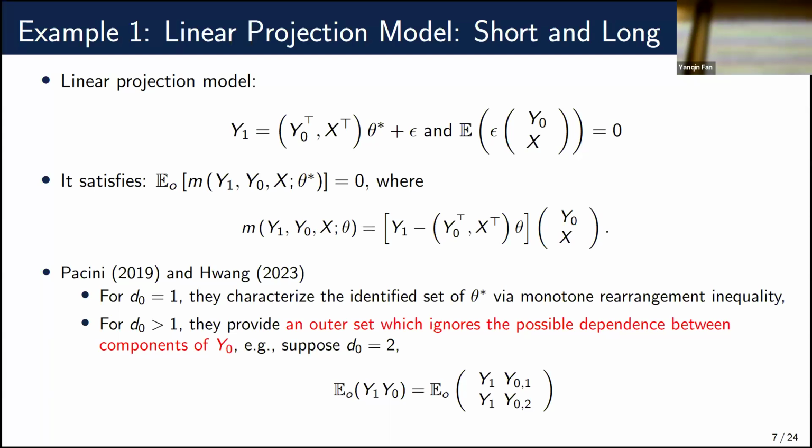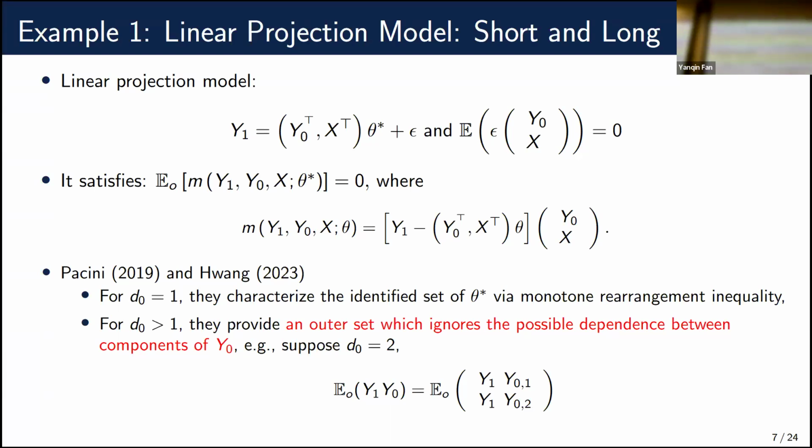Now this model, in fact, has been studied in these two papers, but they only provide the identified set of theta star when d0 equals 1, and that's when y0 is univariate, a scalar. Now remember I mentioned before, there's the monotone rearrangement inequality, but that only applies when y1 times y0 is of dimension 1, a scalar.